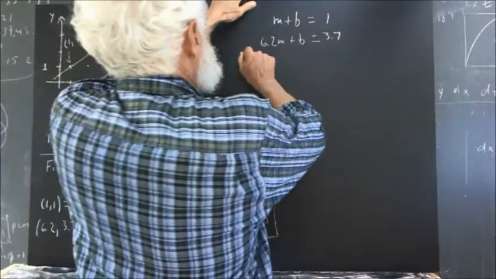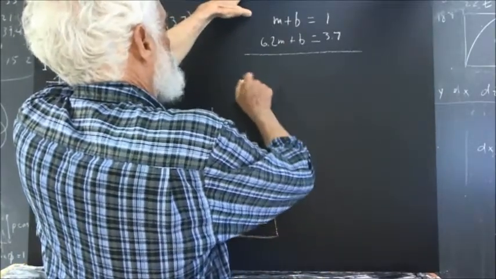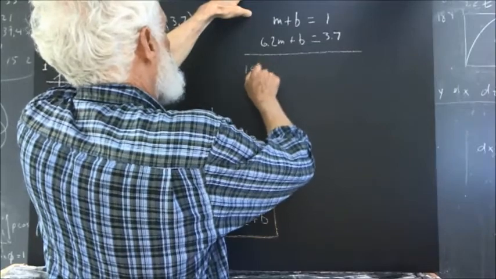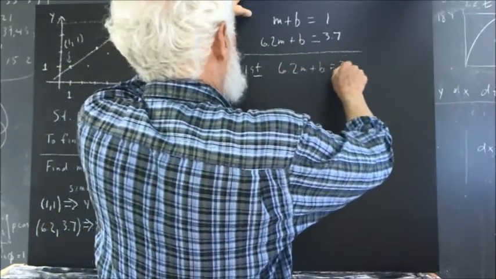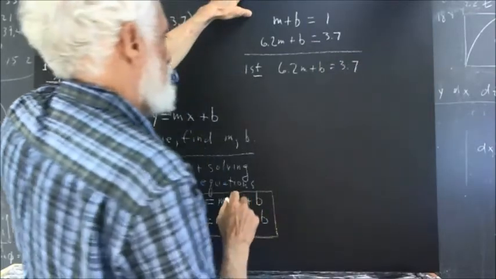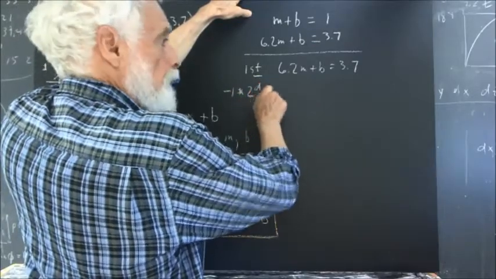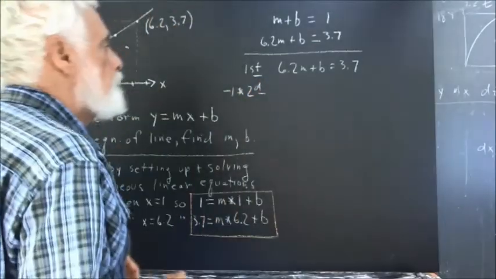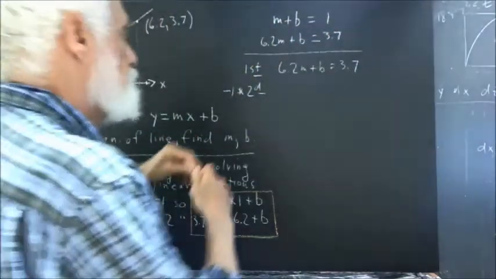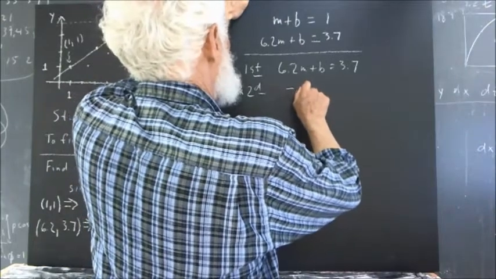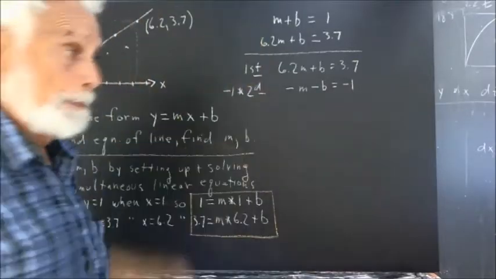So what we're going to do is take the first equation, which is 6.2m plus b equals 3.7, and -1 times the second equation. In other words, we multiply through the second equation by -1, which gives us the equation -m minus b equals -1.